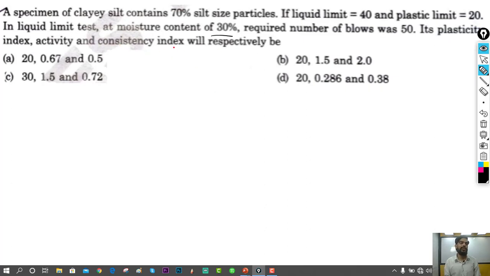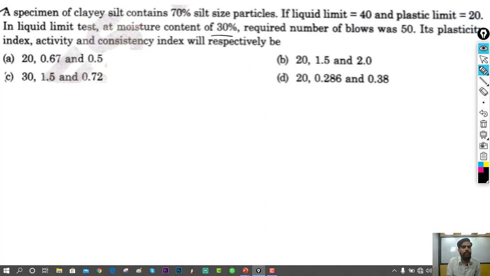Guys, this question is the same as the previous question, not in terms of statement, but in terms of the advice that I gave to you previously. What you will do in this question, you will just find one or two values. Whenever there is this type of question, you will just find two or three values.